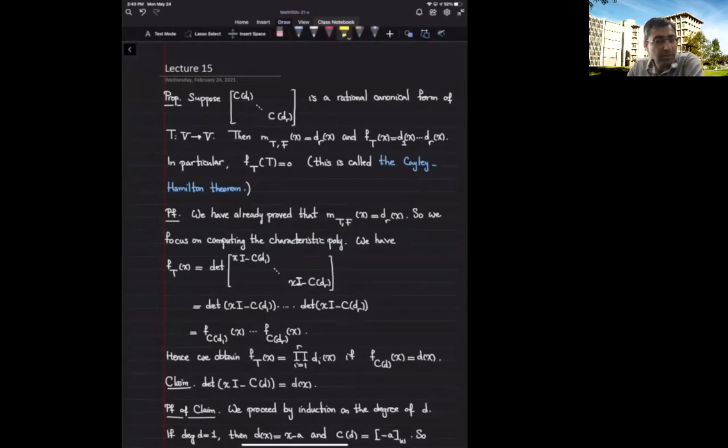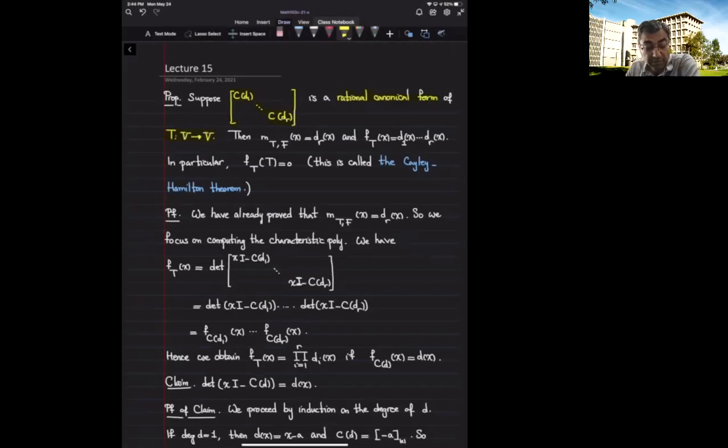So if I give you the matrix of this form, it's the companion of polynomial D1, companion of polynomial D2, and so on. And let's say that this is a rational canonical form of this linear transformation T.